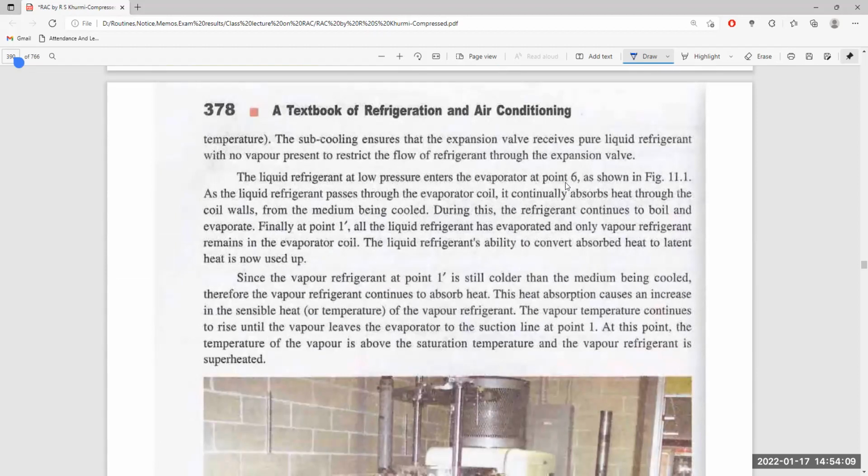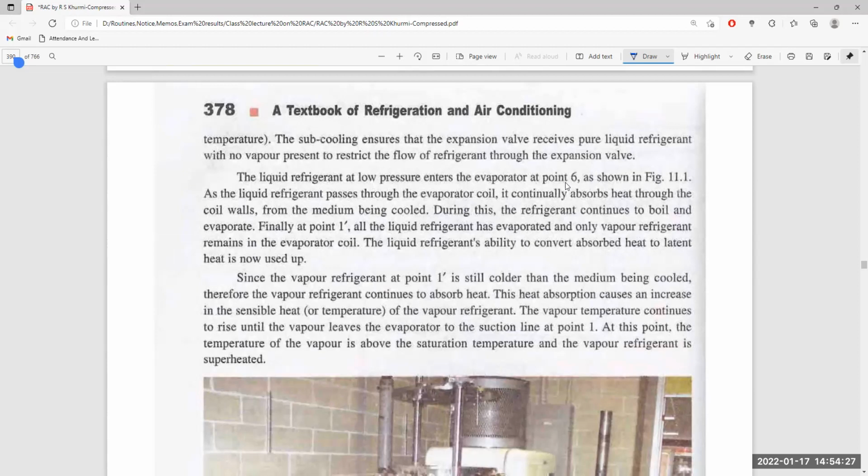It first absorbs heat from the coil wall, then from the medium being cooled, and both are cooled continuously.